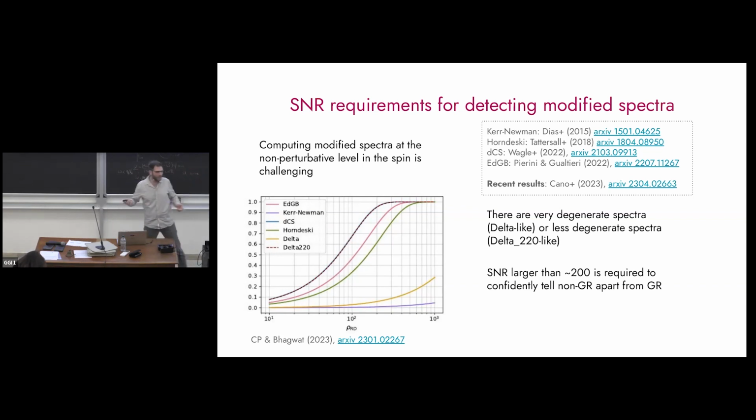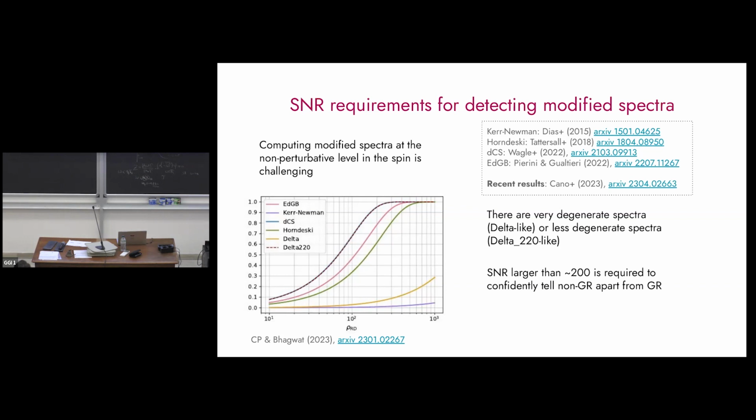So we used what we had, and we also considered simple spectra that we call delta-like and delta 220-like, which just modify the frequencies of the spectrum in a rigid way. We already see that the available spectra branch into two types. There are the good ones and the bad ones, let's say. The bad ones, which are the ones like Kerr-Newman, are very degenerate.